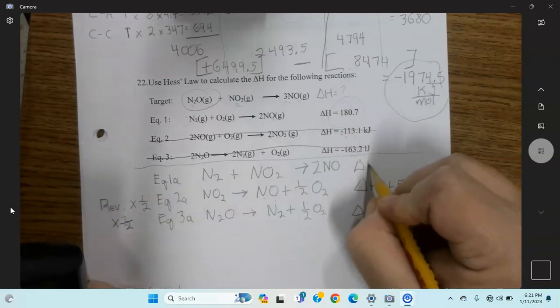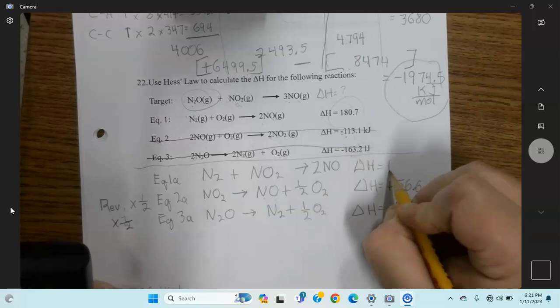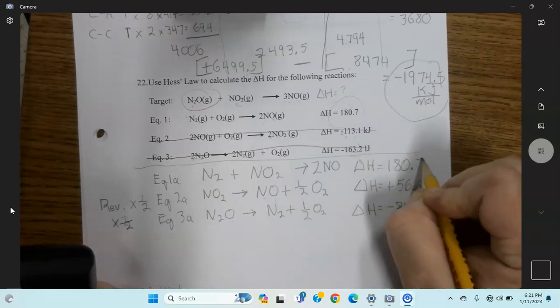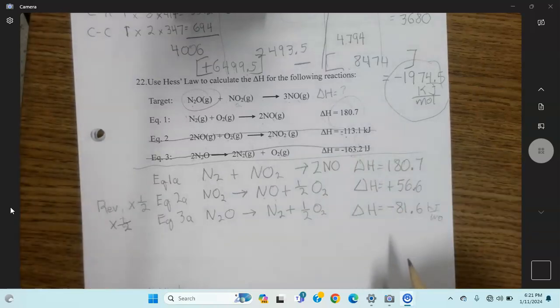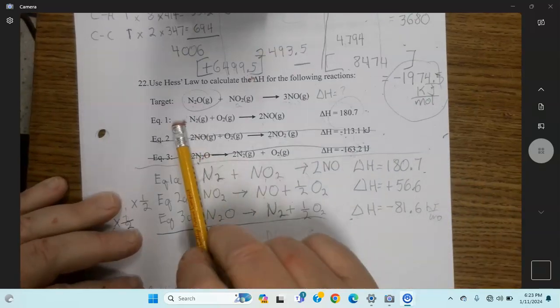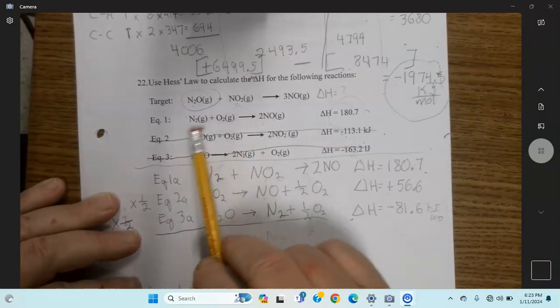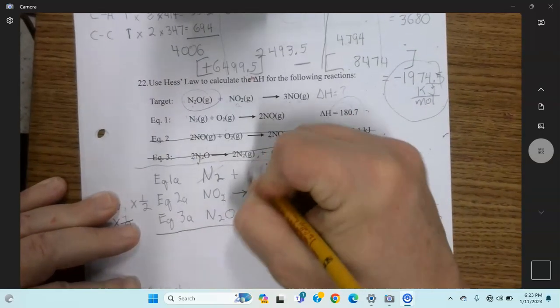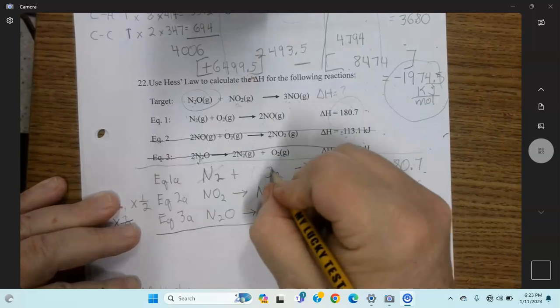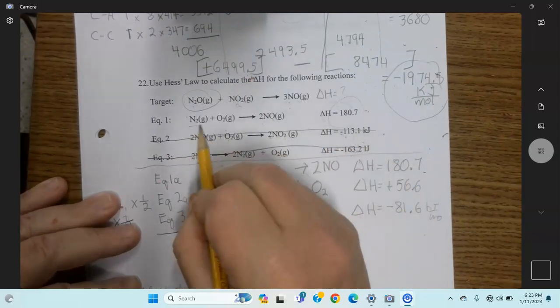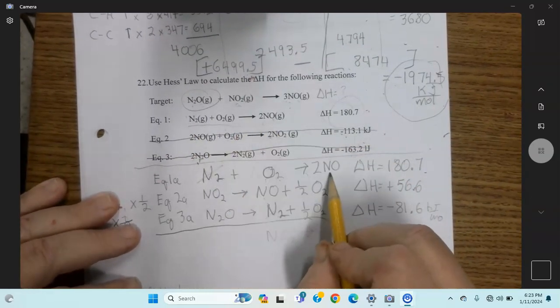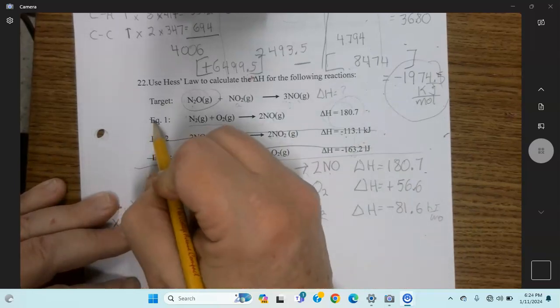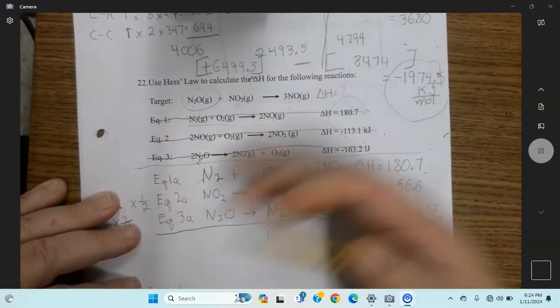So it's delta H equals 180.7. Boom. Okay, and I made an error when I copied equation 1. I just meant to copy it exactly, but I copied it wrong. It shouldn't be NO2 here, it's O2. So it's N2 plus O2. It should be exactly like this one right here. Gives you 2NO. Okay? So now, by the way, I want to put a line through this. So I've used all 3 of the reactions.